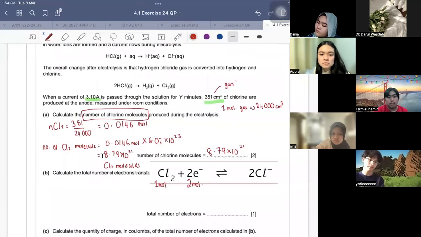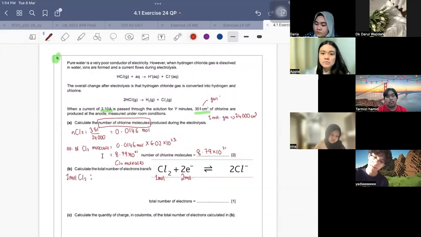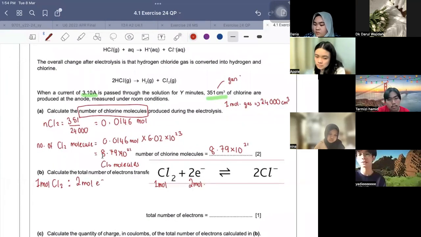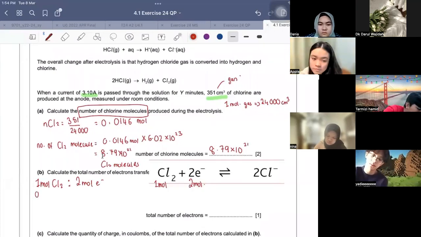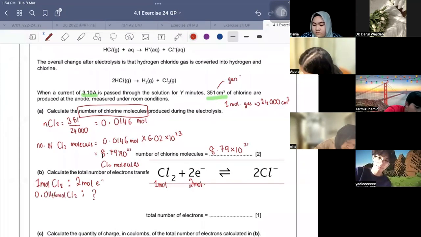Okay, so to produce 1 mole of chlorine, I require 2 moles of electrons. And my number of chlorine here is 0.0146 mole of chlorine. So how many moles of electrons will be required?